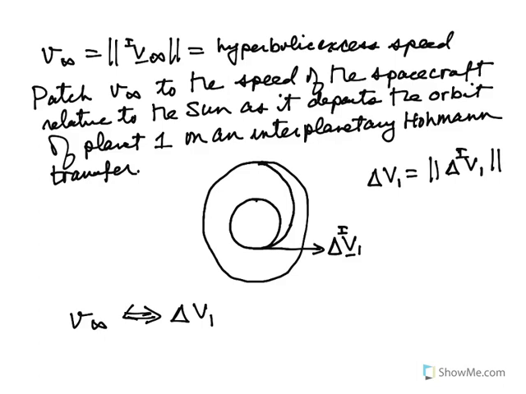And it turns out that in the Patched-Conic approximation, this is how it works: V infinity is set equal to delta V1. That basically preserves the continuity from the escape of planet 1 to the interplanetary, or heliocentric, segment.